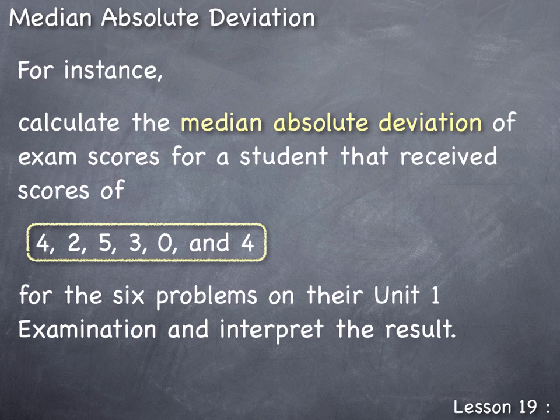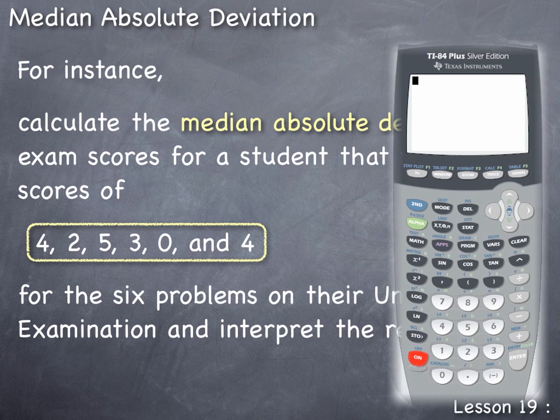First, we need to enter the data into a list. To enter data into a list, we press Stat and then Enter to enter the Edit menu. Now we select a list to enter the data in. For this example, we'll enter the data into List 1.